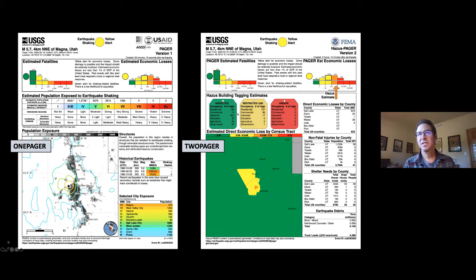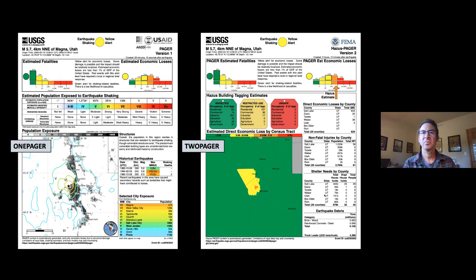And so this green, yellow, and red tagging is the nature of inspections that would be needed for this earthquake in terms of buildings that are safe to live in, restricted use, and unsafe if they're damaged. And that now allows us to develop county level or regional level estimates of losses and not just the overall losses. And so this is something that we do within an hour or two of an earthquake in the United States.